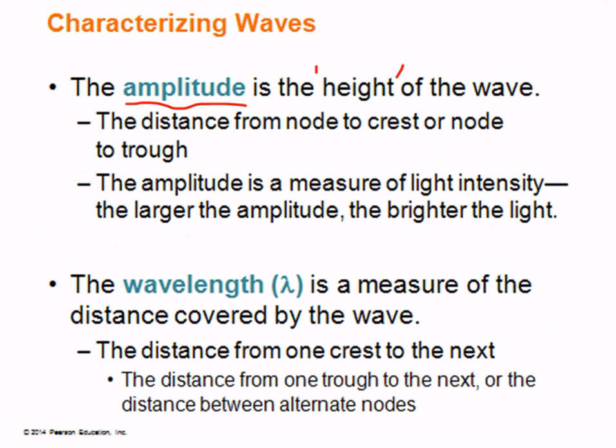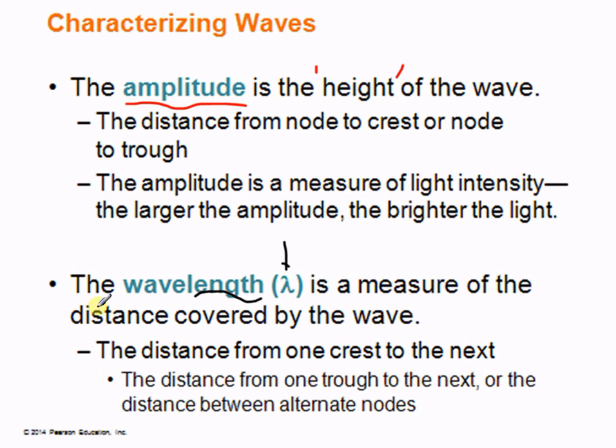And then the other one, of course, is the wavelength, which, as the name implies, is the length of the wave, right? So we use Greek letters like lambda to denote the wavelength of the wave, and that would be measuring the difference between two similar points.